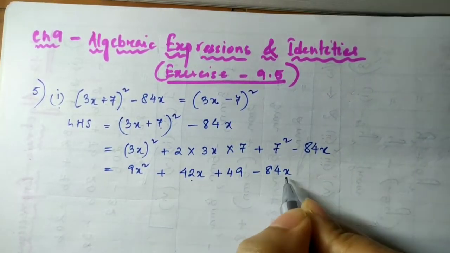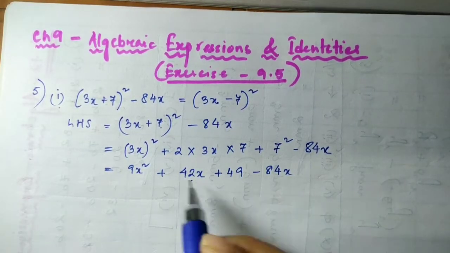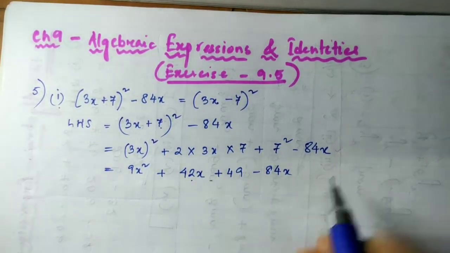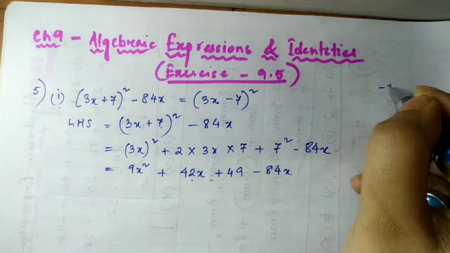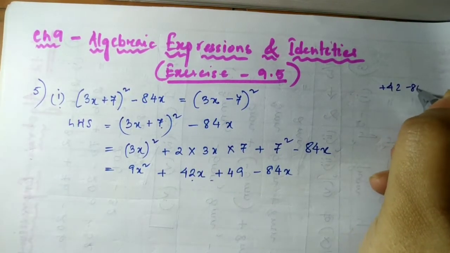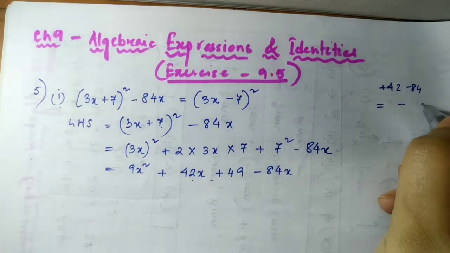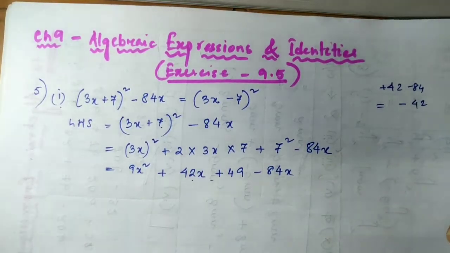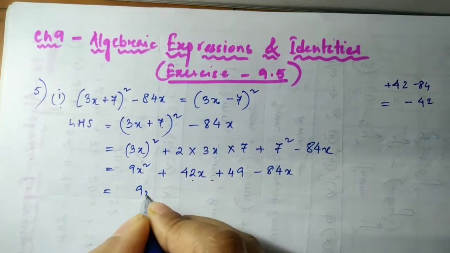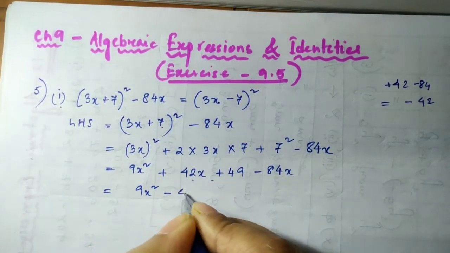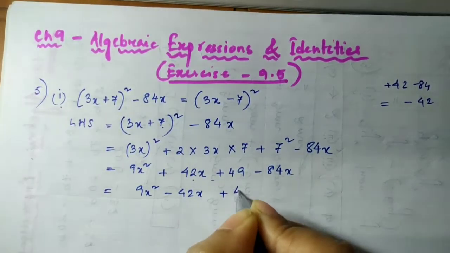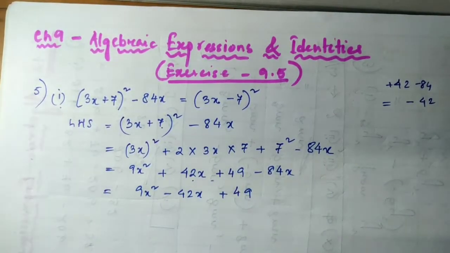Now you can see these are like terms. We can add and subtract. You can see 42 plus 42 minus 84, so plus 42 minus 84 will be equal to minus 42, right? So we can write it as 9x² − 42x + 49. So this is my left hand side.